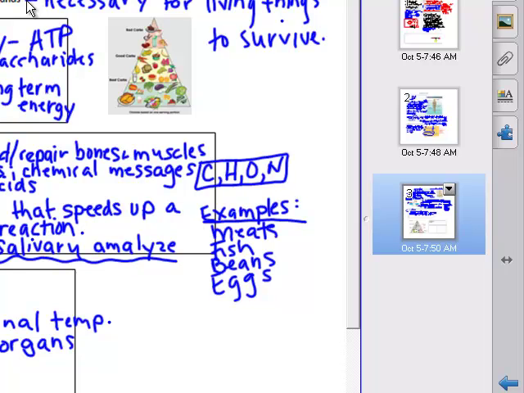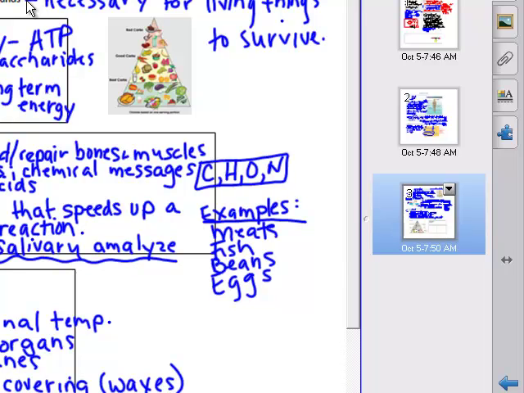Number 4, the fourth function, makes up cell membranes, and we're going to talk more about that in our next unit. And number 5 is it creates a waterproof covering, and this is essentially with waxes.